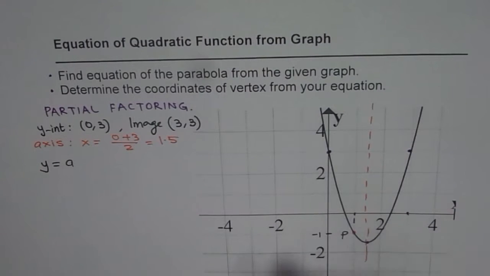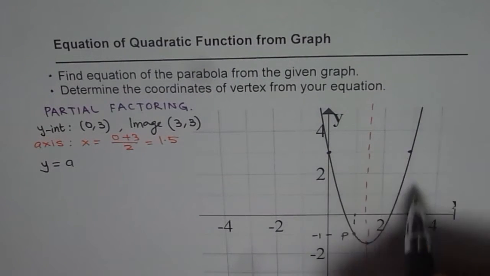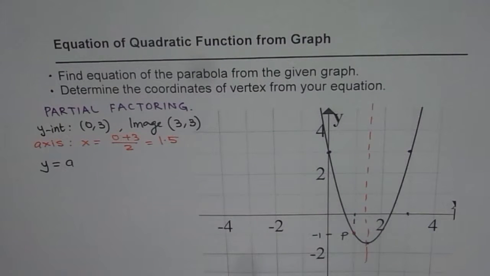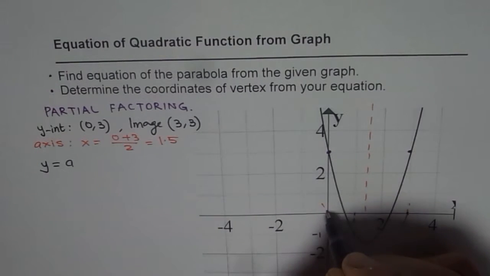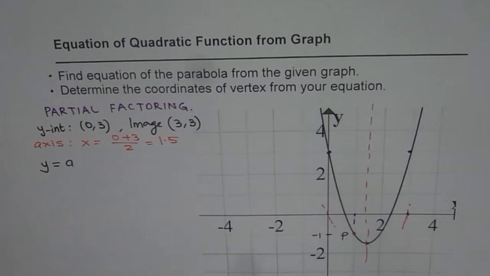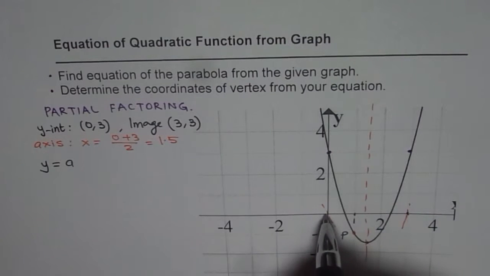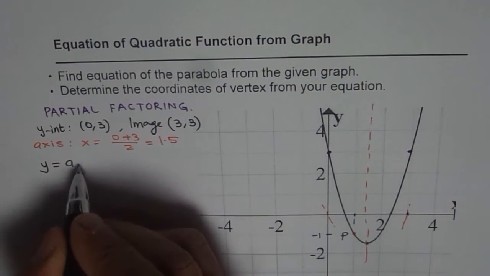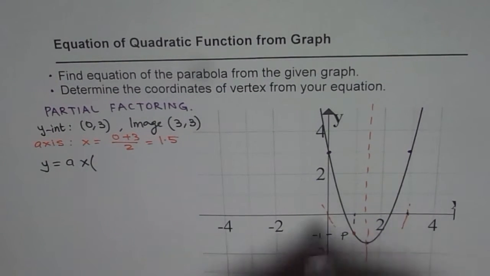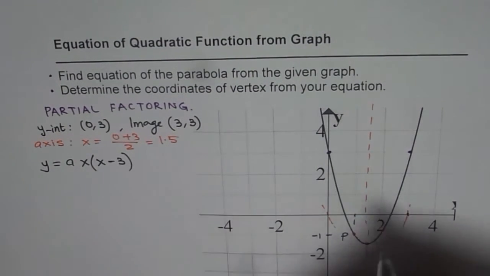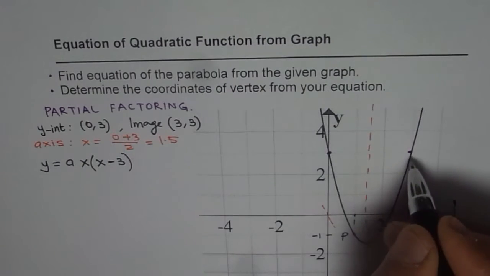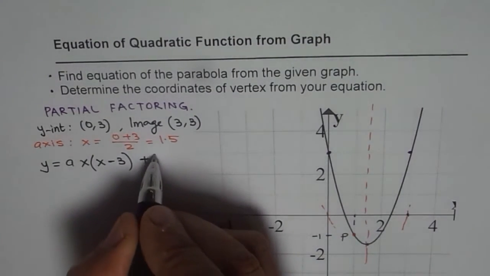Think as if the whole parabola is right there, and these have been shifted down. In that case, these are your x-intercepts at x equals 0 and at 3. So x minus 3 is the other factor. Now it has been moved 3 units up, so we'll write plus 3.